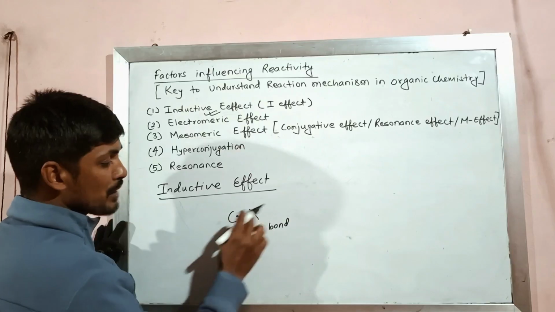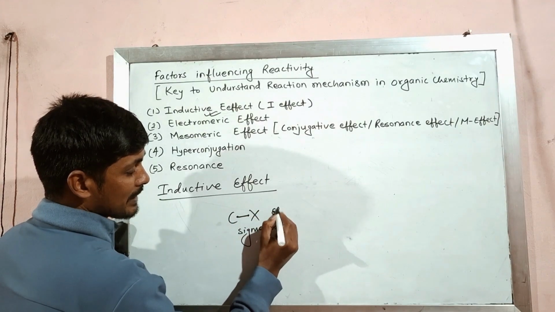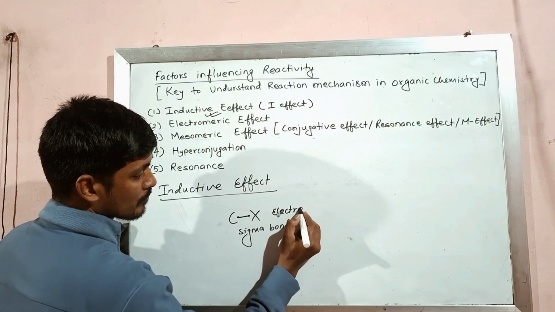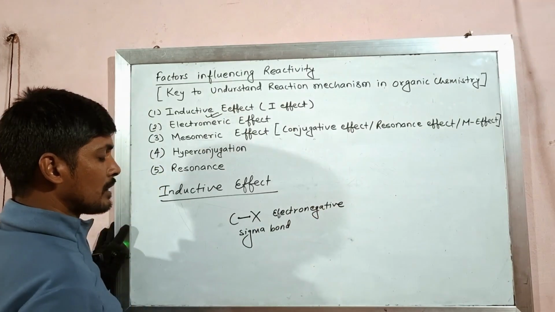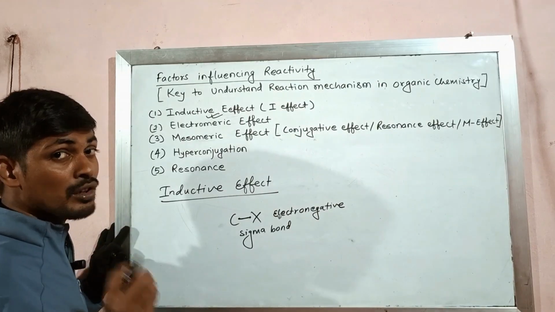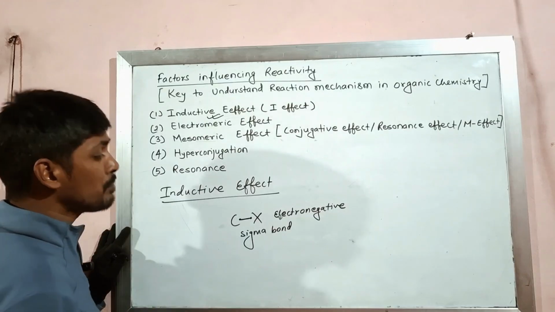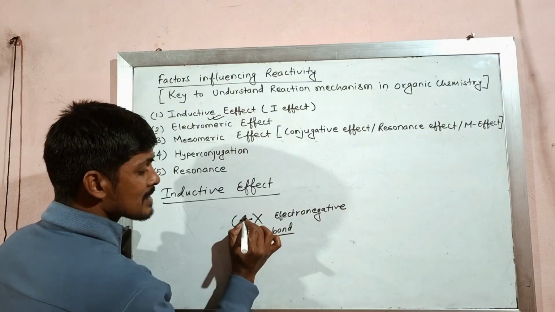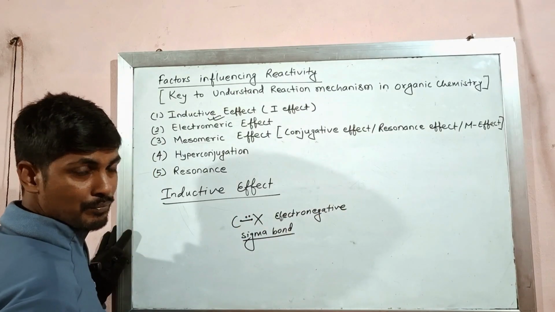If we see these two atoms, one of the atoms is more electronegative than the other. This electronegative atom is an electron-loving group. Since it is electron loving, the electron pair in the sigma bond shifts slightly towards the electronegative atom.